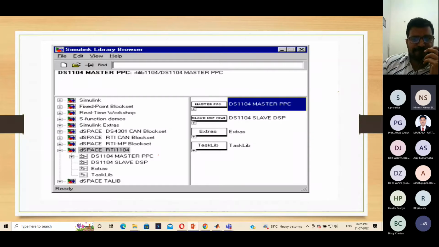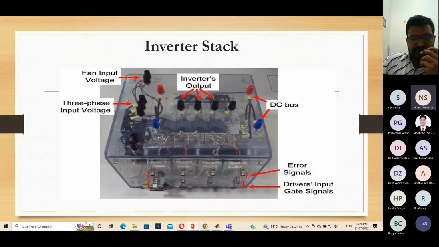These are the files I can extract, whatever files I require to control the signals, and we can get them from this dSPACE RTI 1104. Here I have used the Semikron inverter stack. These are the basic components we have in the inverter.